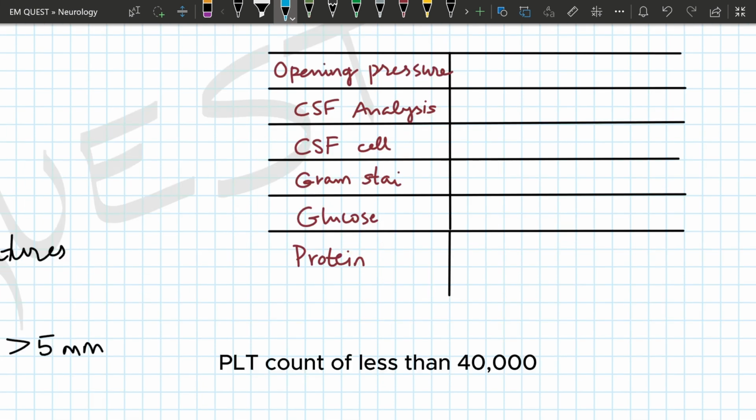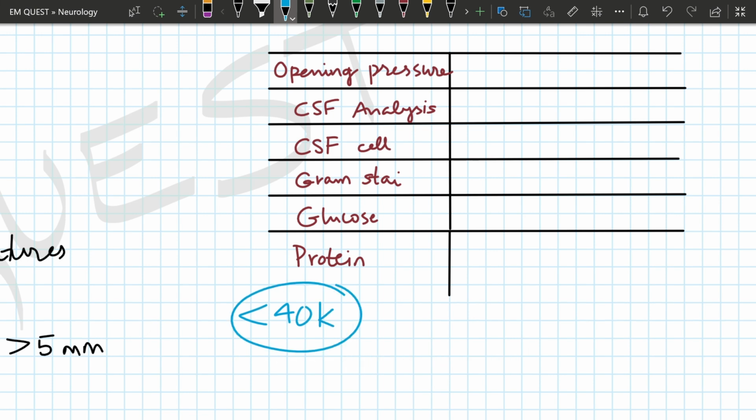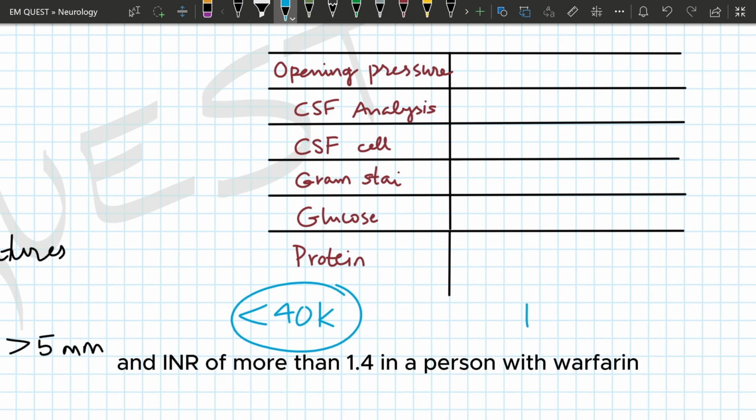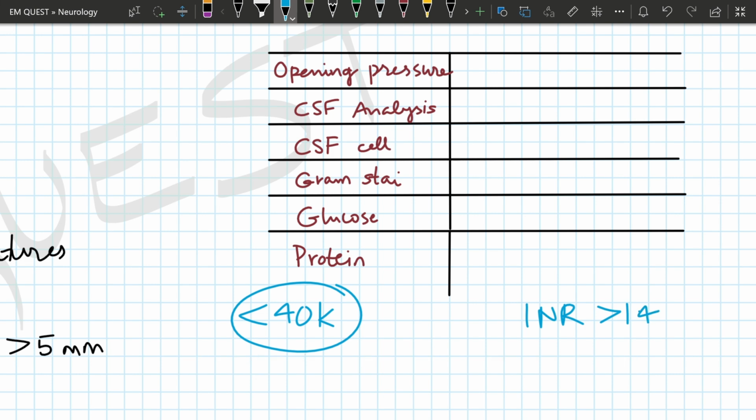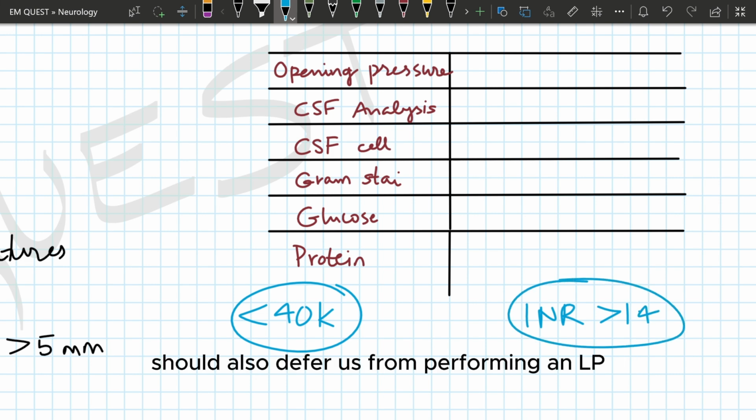A platelet count of less than 40,000 should defer us from performing an LP. An INR of more than 1.4 in a person on warfarin should also defer us from performing an LP.